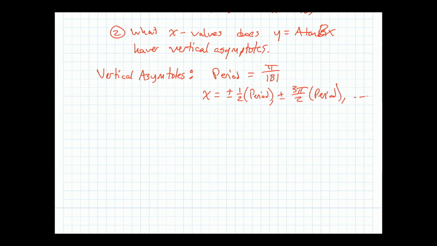But the other question was where, so that was number 2. Number 1 was where is it 0, right? So let's see. Where is y equals a tan bx equal to 0, right? Well, that's going to be where the numerator is 0, actually.